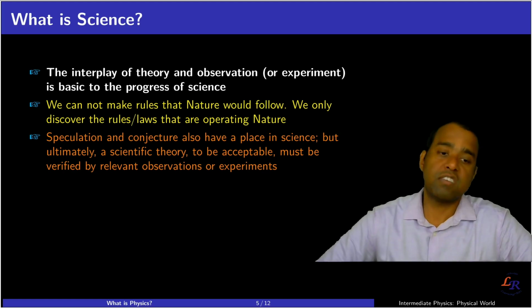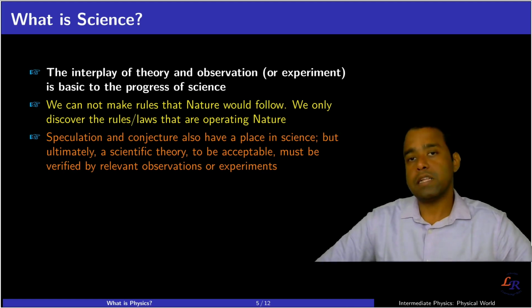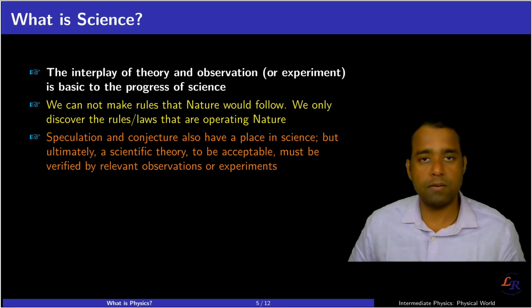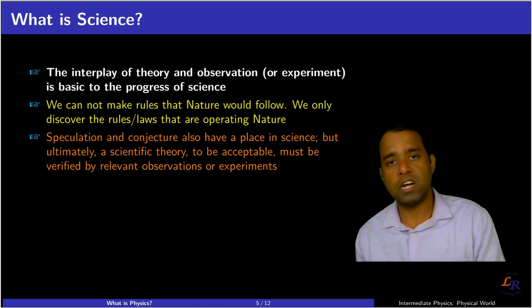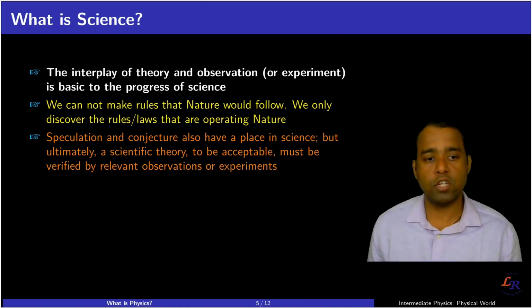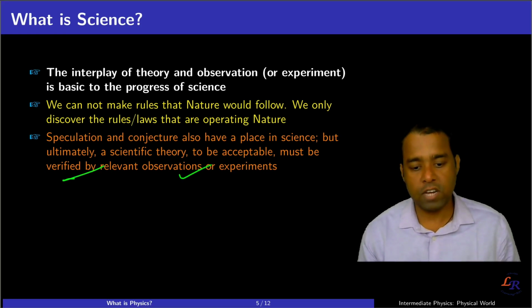So whenever you guess something, or come up with some ideas like that, then you can explain it, but it will not be considered a valid theory or principle until you verify it with the relevant observation and experiment.